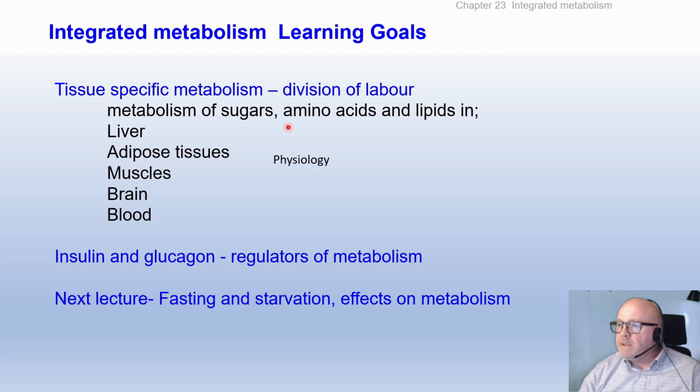We looked at metabolism of sugars, amino acids, and lipids in the liver, adipose tissue, muscle, brain, blood, and kidneys, and discussed a little bit about their physiology. Then we spent the last part of the talk discussing the regulation of secretion of insulin and glucagon and how they affect the different tissues, which we've covered in more detail in earlier lectures. We're just trying to pull things together now.